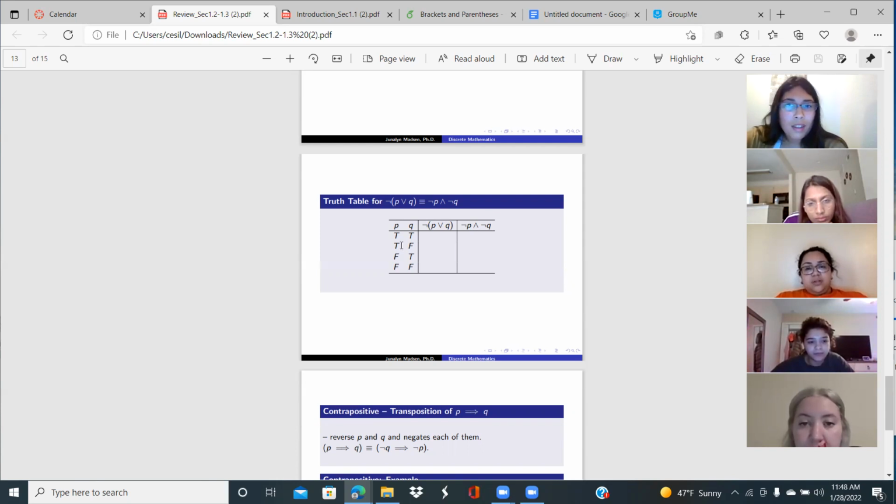This one, not of P, which is false, and not of Q would be false. And this is the same way, that's going to be false. But for this last one, not of P, which is true, and not of Q, true, would be true. Yeah. Okay.